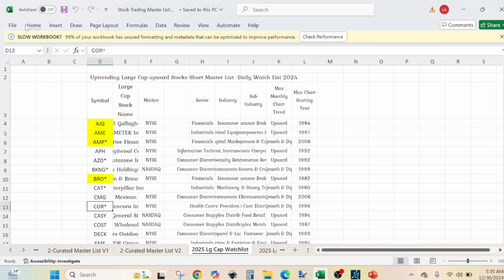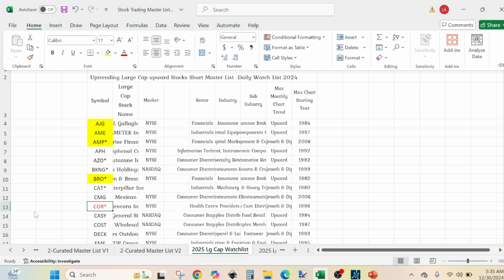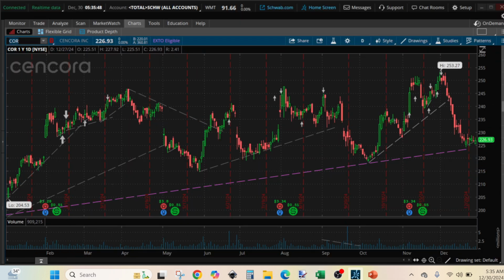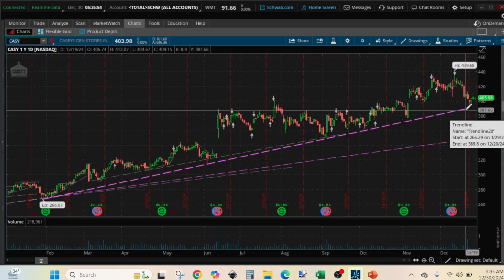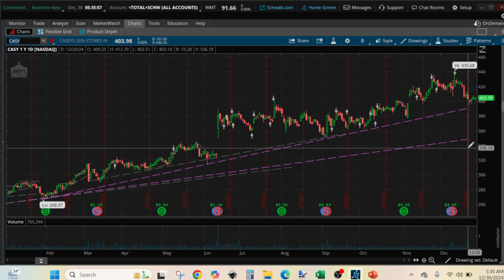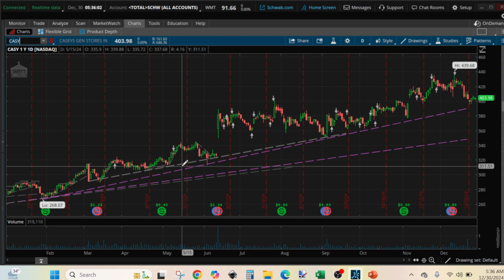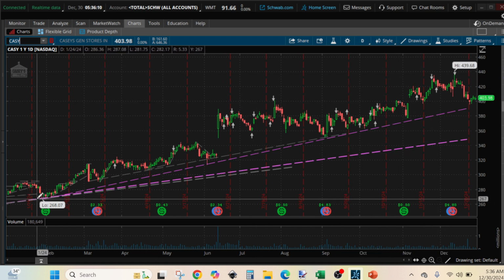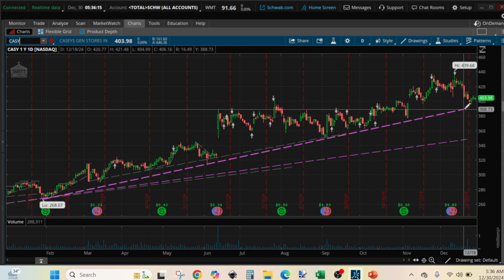We can turn it red and see. Let's see here. KC. So KC. Okay, this is the one year trend line.